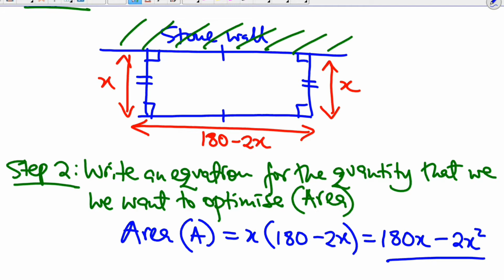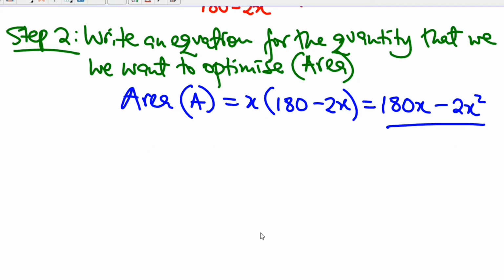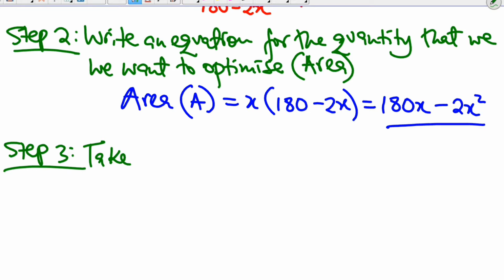Now we can carry on to the next step, which is taking the derivative and finding the critical points, because we want to know which value of x will give us the maximum area. So step 3, take the derivative and find the critical points.